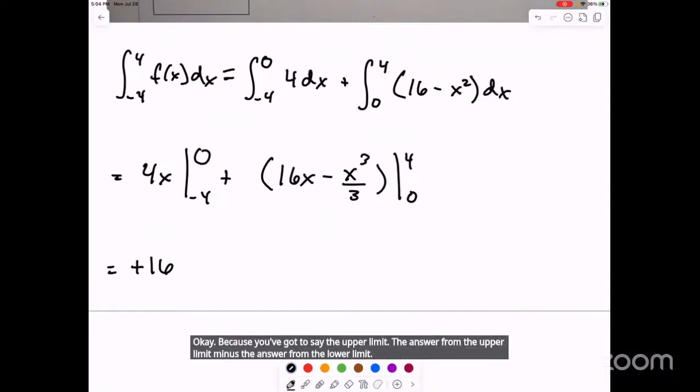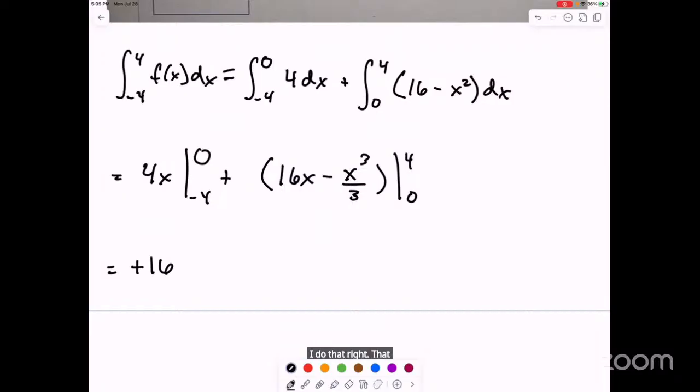Did I do that right? That minus that, that minus that. Yeah, let's keep going. So now for the second part, we want to plug in 4. 16 times 4 is 64, minus 64 over 3.